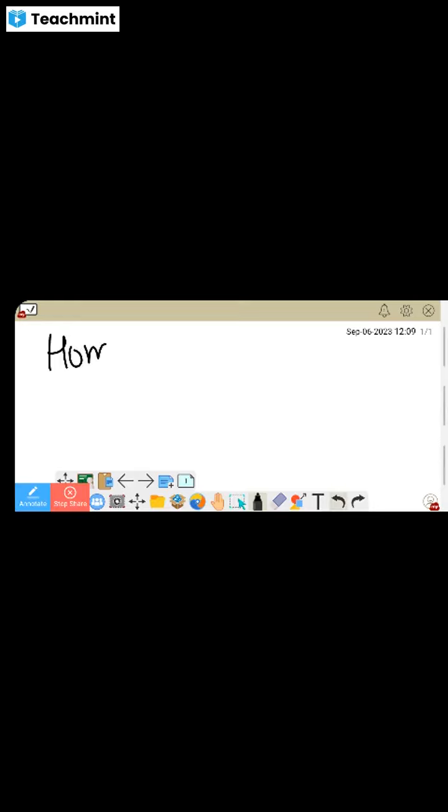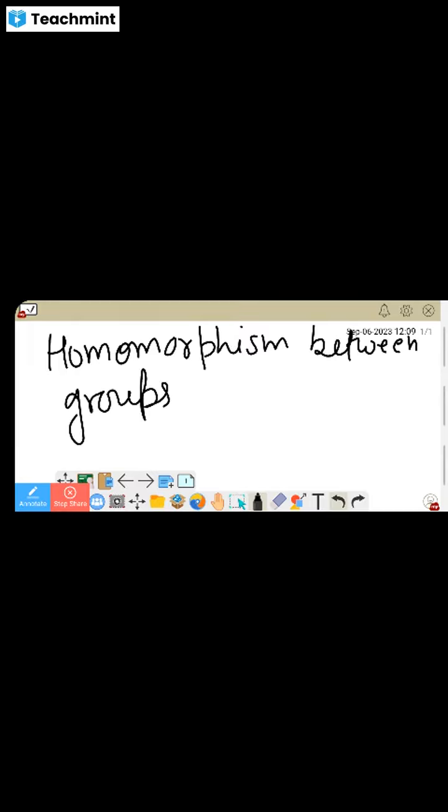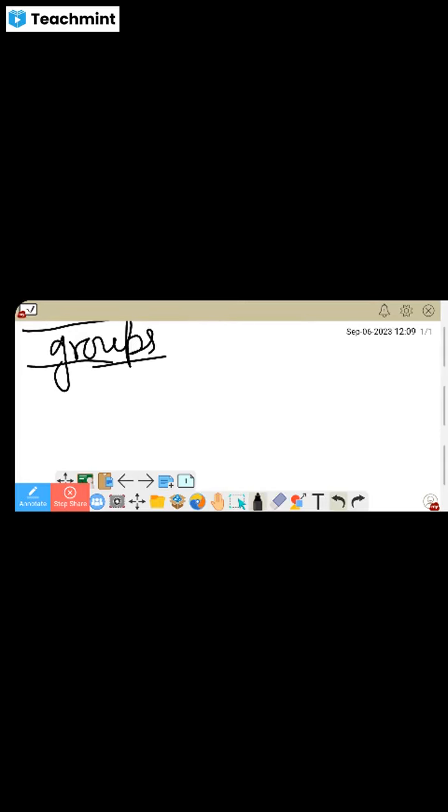Homomorphism between groups. Let us understand that G is a group with the operation star, and G dash is another group having operation star dash.